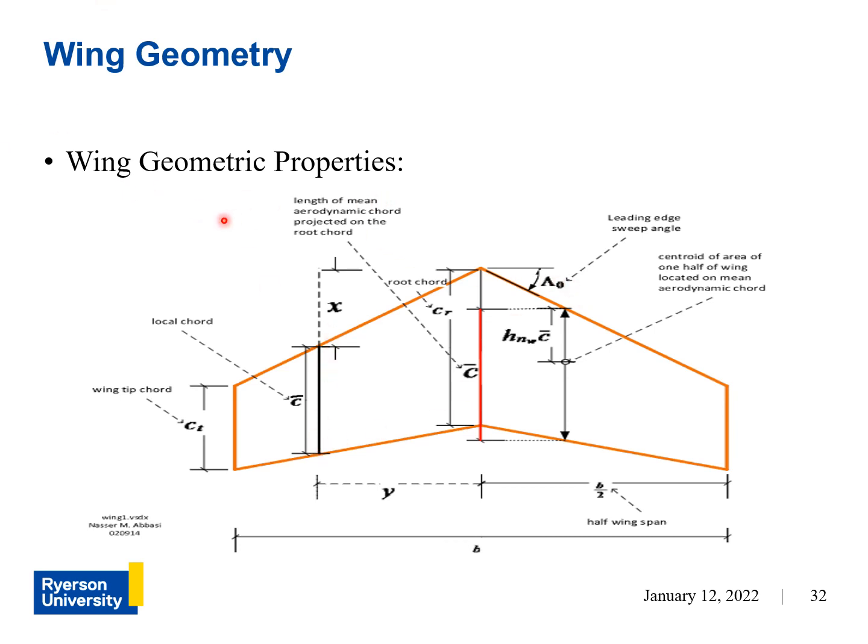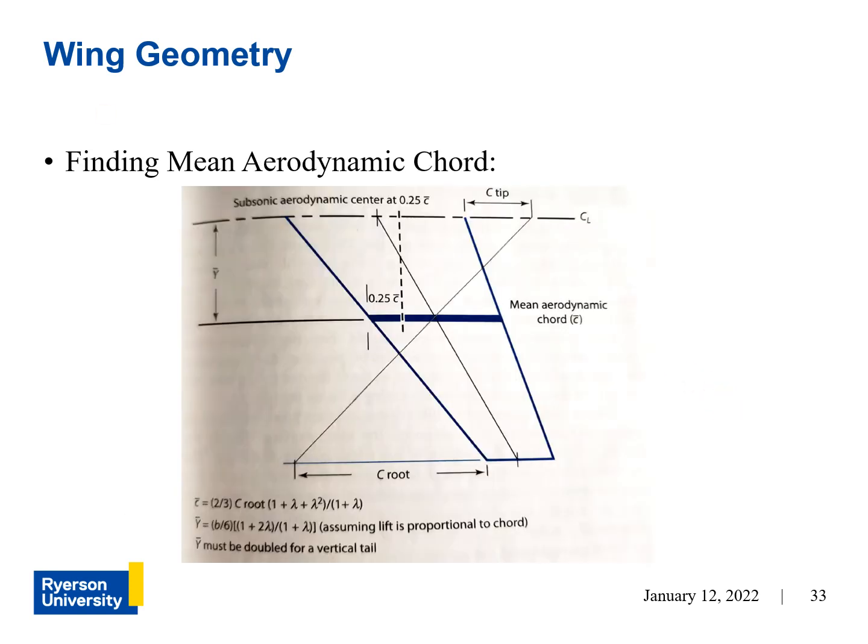Another geometric property shown here is the sweep angle, and it's denoted by uppercase lambda, I believe. That's just measuring how much sweep your wing has. Now, if you're determined to find where the mean aerodynamic chord is, here's a diagram showing the location of the mean aerodynamic chord, and you can find it using this formula here, where lowercase lambda just means taper ratio.